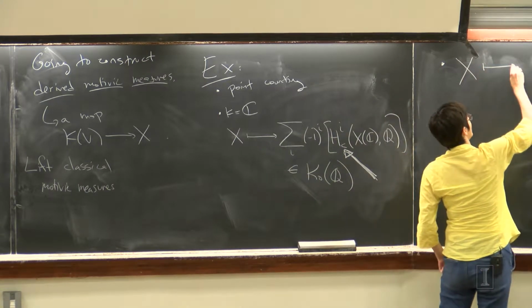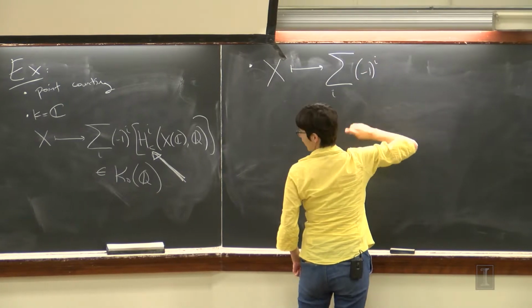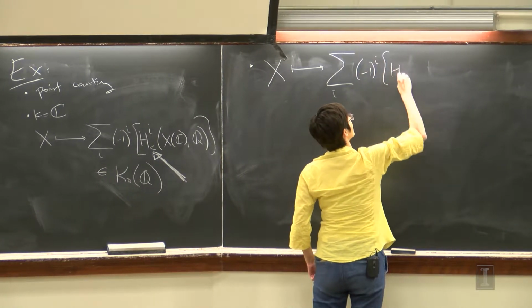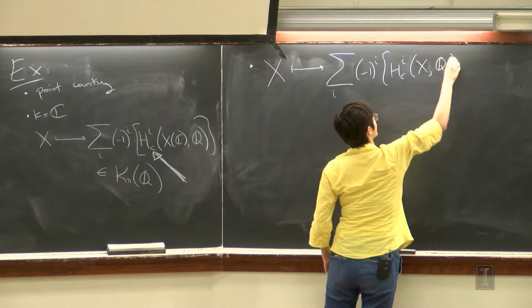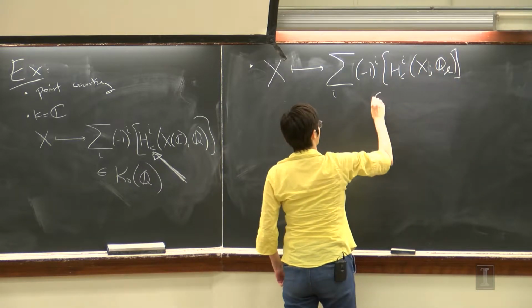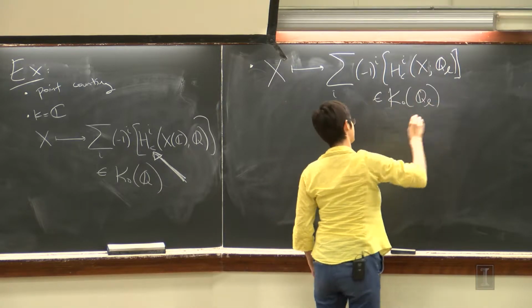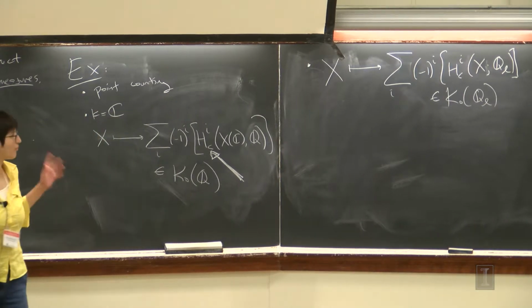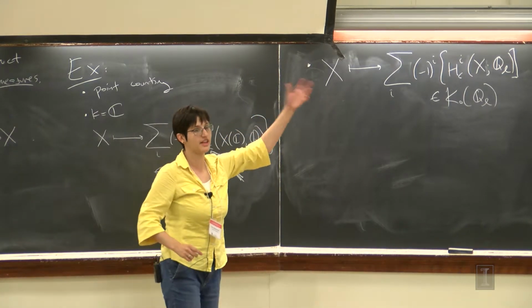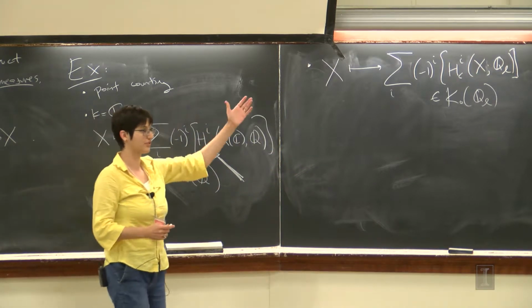So you could take x mapping to the sum of (-1)^i of cohomology with compact supports, and this lives in K0 of Q_l. So you can do this. It works for exactly the same reason. The whole point of l-adic cohomology is that it satisfies all the same properties as ordinary cohomology, so this works by construction.